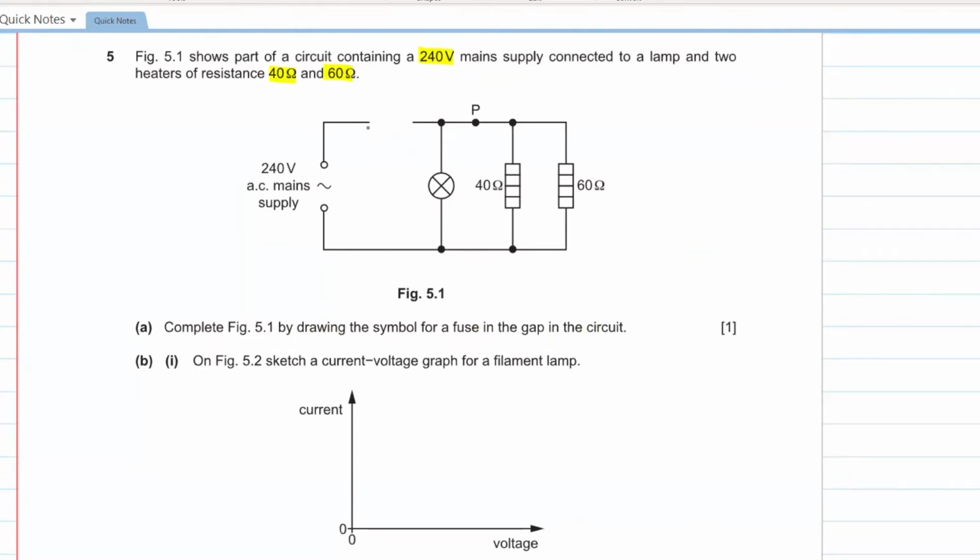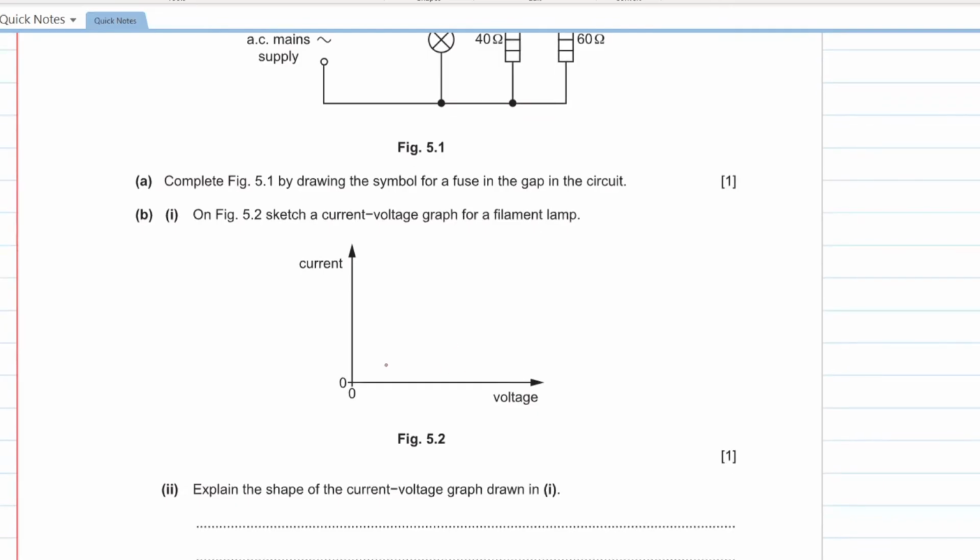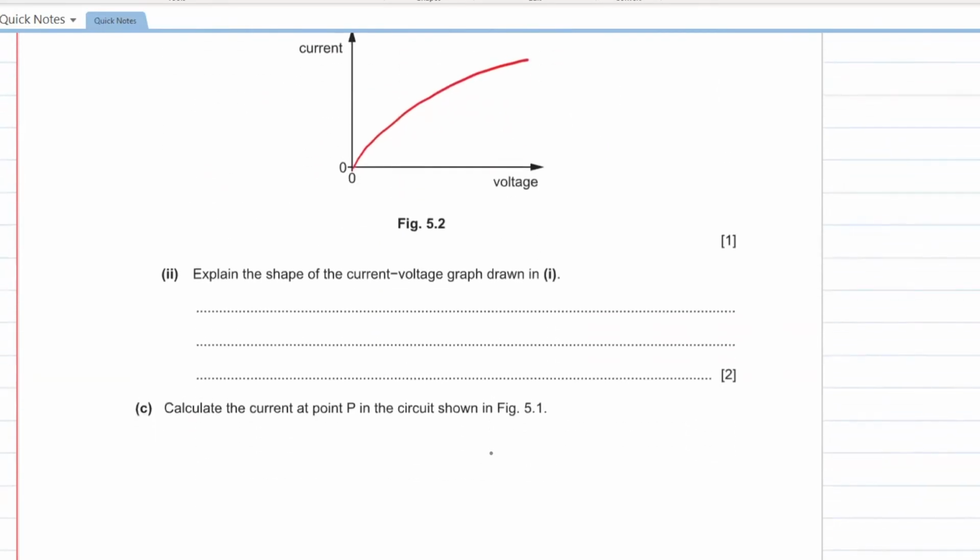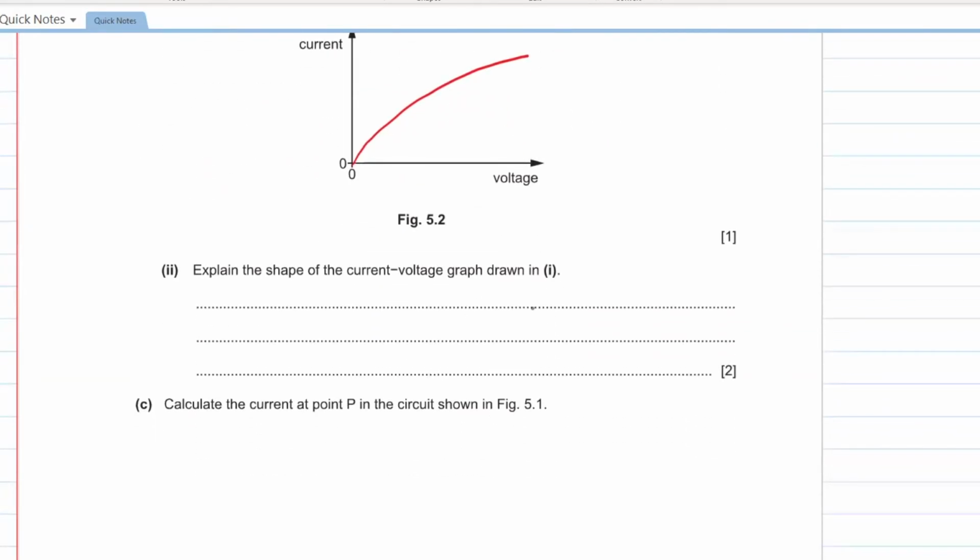How does a fuse look like? Somewhat like this.